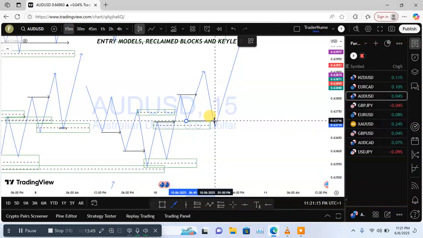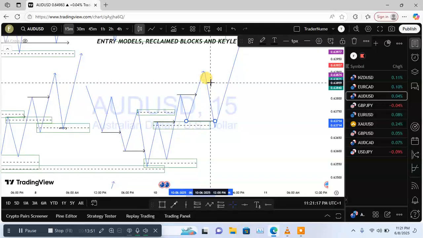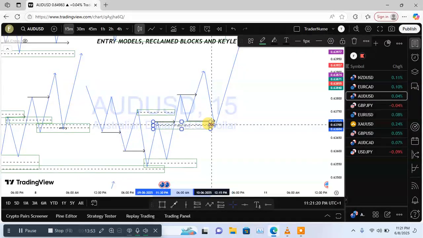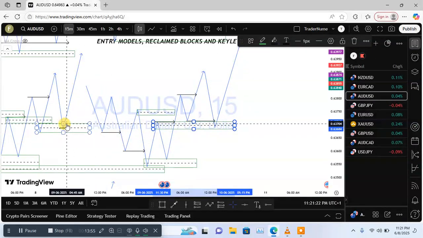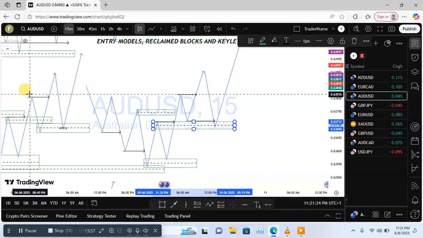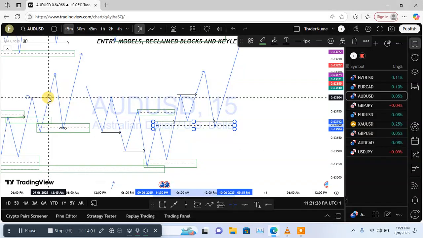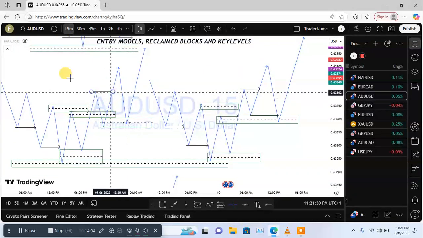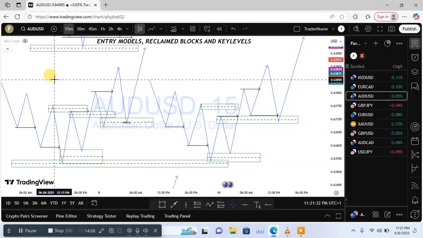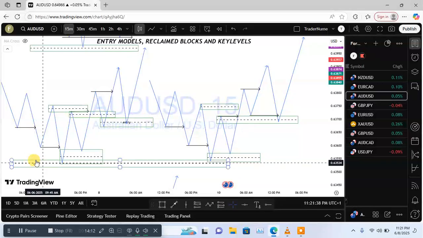Price will come and sweep it, because price will have to come down and mitigate this zone entirely, just as it did here in the first place, because this one price mitigated that zone before it broke structure the second time. Remember, for you to take entry, price must break structure 2 times to the direction where you want to enter, right, after mitigating your discount zone.